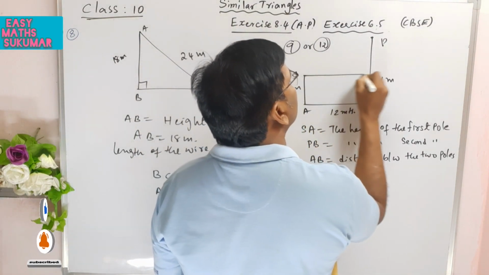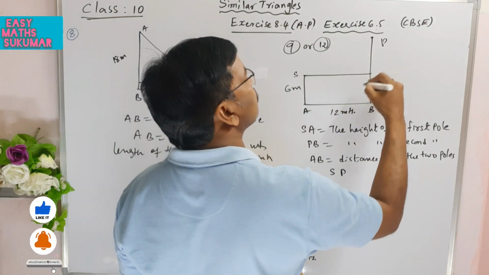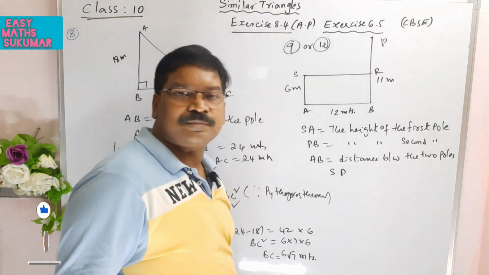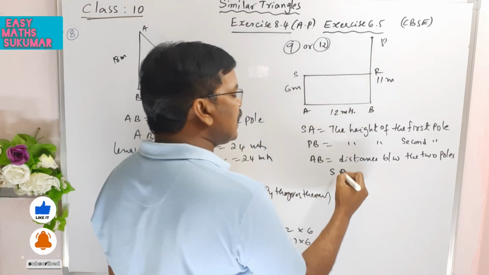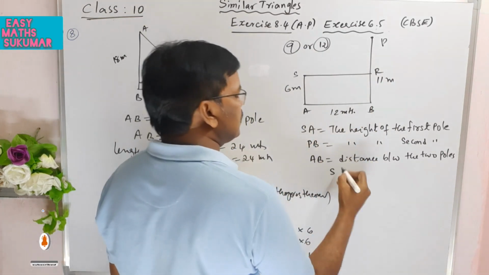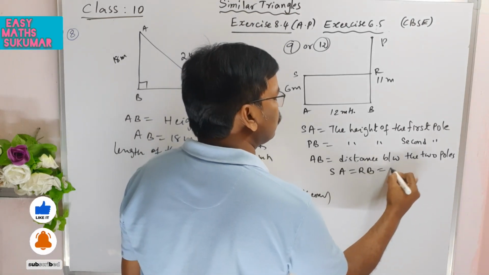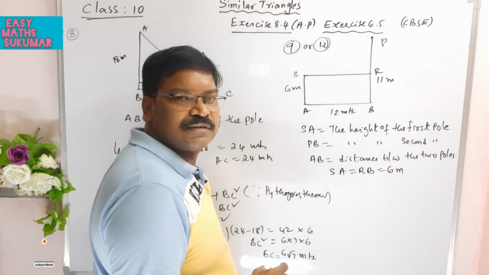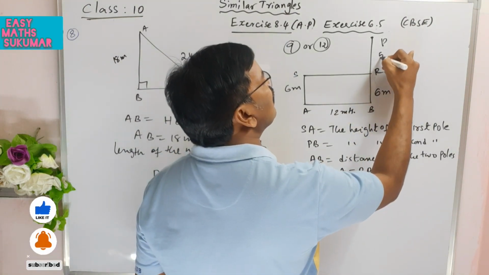Just join here like this. Let this be some capital R. Now my dear students, here SA is equal to RB. Both are equal to 6 meters. If it is 6 meters, what about this one? 5 meters.